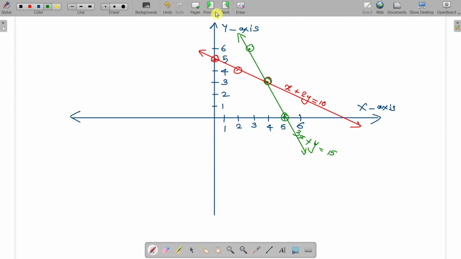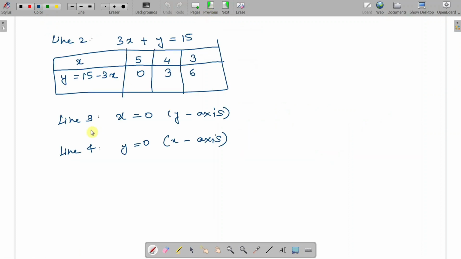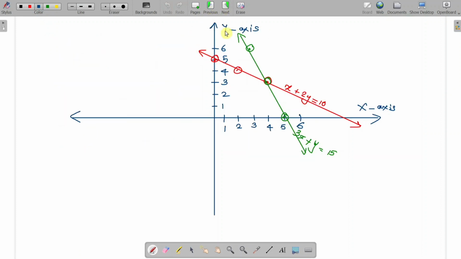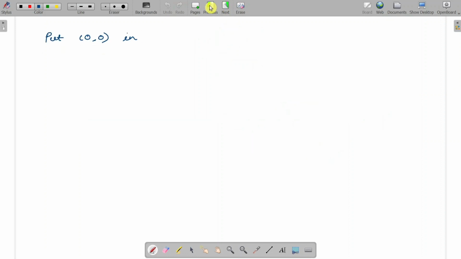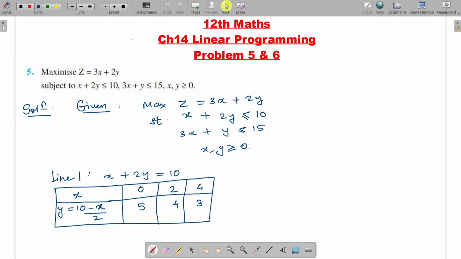Now we will look at the solution regions of each inequality. By the way, line 3 is x equal to 0, that is the y-axis, and y equal to 0 is the x-axis. Now let us put 0 comma 0 in the first inequality, x plus 2y less than or equal to 10.